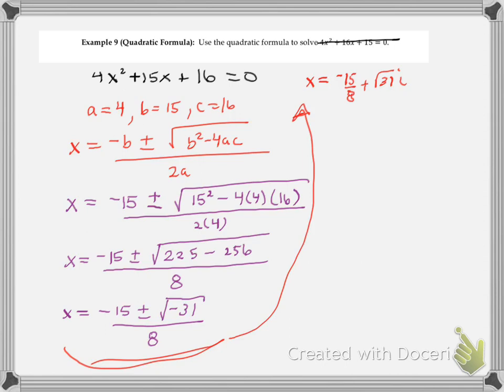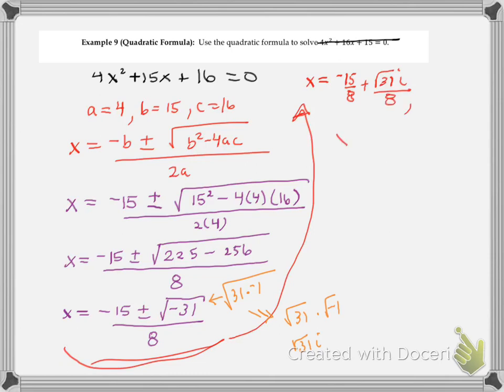Hopefully you saw how I got that. All I did was rewrite the square root of negative 31 as the square root of 31 times negative 1. Since that's multiplication, I broke that up into the square root of 31 times the square root of negative 1, and the square root of negative 1 is just i, so that's how I got the square root of 31 i, over 8.